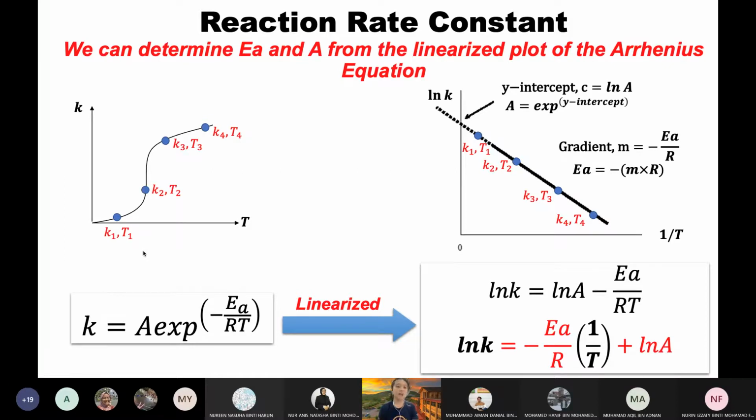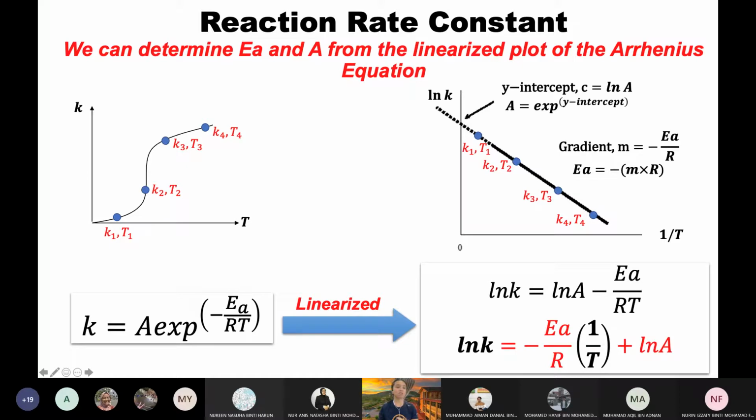So, if I ln the value, means katakan saya ln kan K. Kalau kamu perasan, ln K akan menjadi titik untuk paksi Y saya. Ln K will be my Y axis. So means kalau saya ln kan K1, ln K2, ln K3, ln K4, that will be the data for my Y axis, paksi Y. Tapi kamu ingat kalau kita nak plot graph mesti ada data paksi Y, paksi X. So ingat balik, data yang kita ada sebelum ni adalah data temperature.